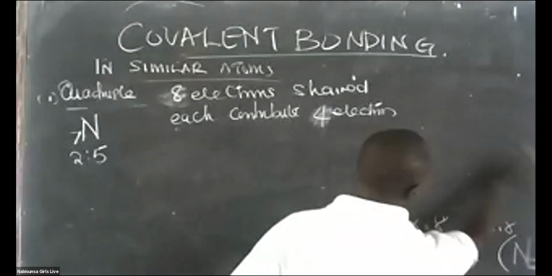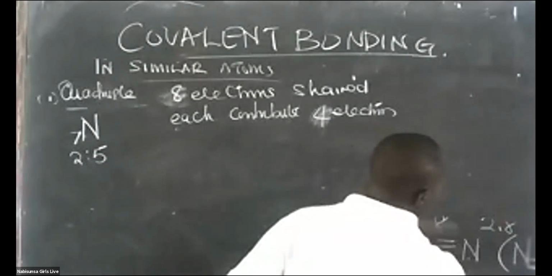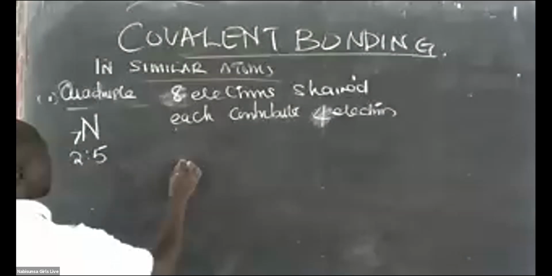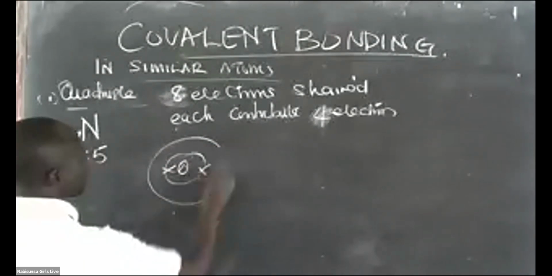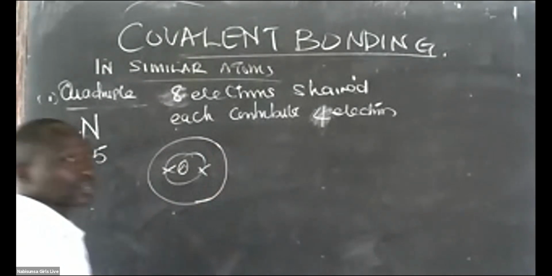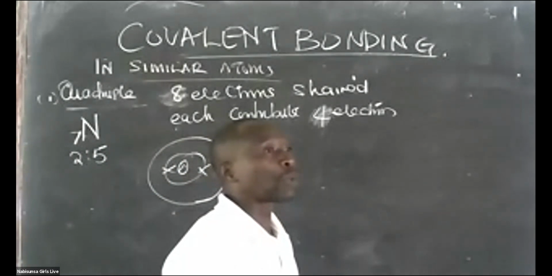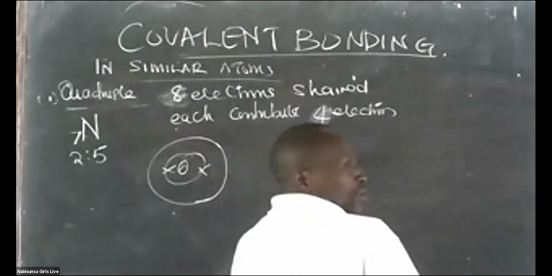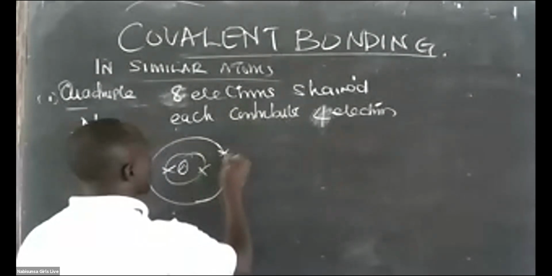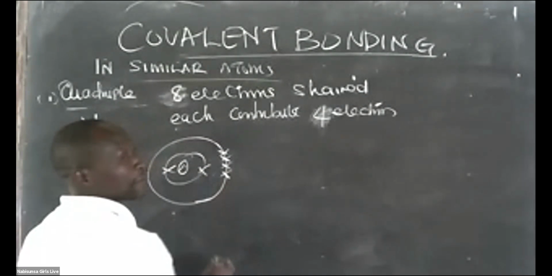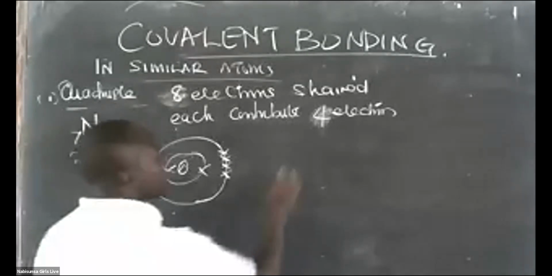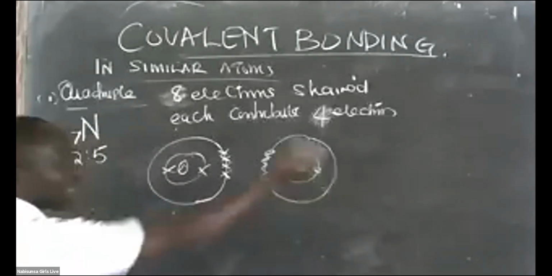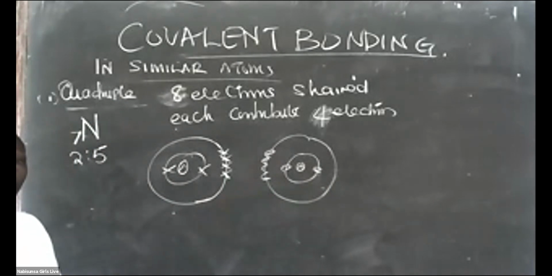Atomic number for carbon is 6. Electronic configuration 2, followed by 4. Now each one is going to contribute how many electrons? 4. So what do we do? We put all the 4 electrons on this side. So these are the 4 electrons: 1, 2, 3, 4. Another carbon atom, all the electrons here. I think you can guess what's going to happen.